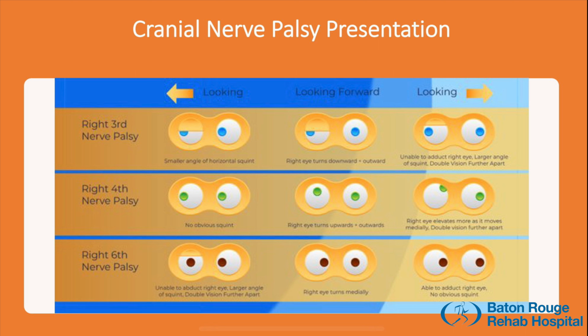Feel free to utilize this slide as a reference tool during administration of the vision screen to assist in the identification of possible cranial nerve damage and to prompt you to seek collaboration with the patient's doctor or vision specialist. Therapists, regardless of any experience level in visual rehab, you should never be attempting to address or treat cranial nerve palsies due to the risk for further damage. Always refer to a specialist with a suspected visual cranial nerve palsy.